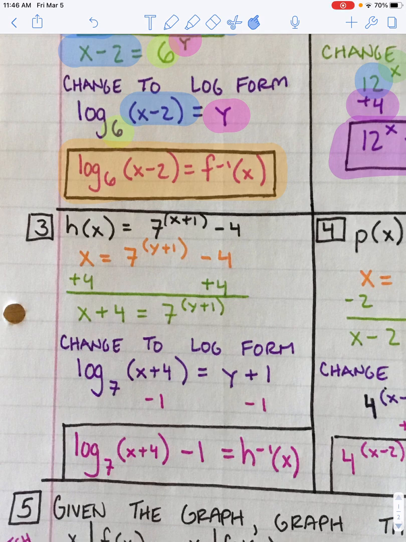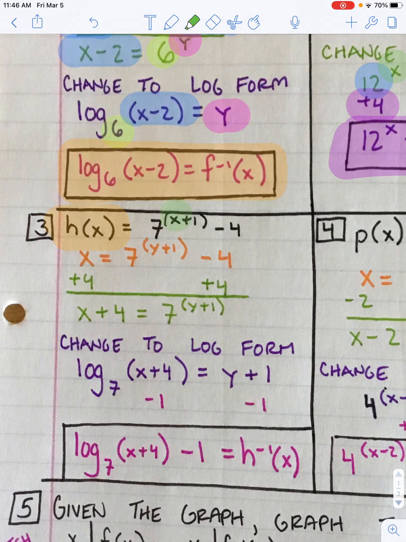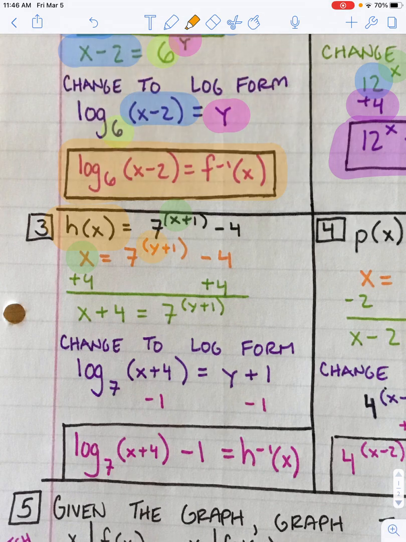Okay, over here, we have h of x is equal to 7 raised to the x plus 1 minus 4. So we're going to switch that x and that y. So h of x becomes x is equal to 7 raised to the y plus 1 minus 4.